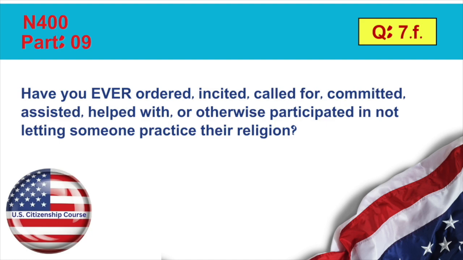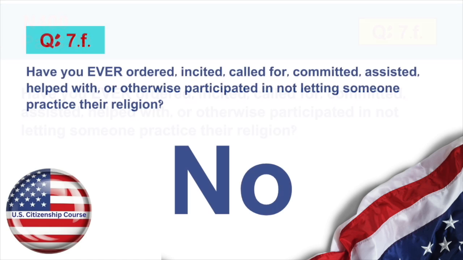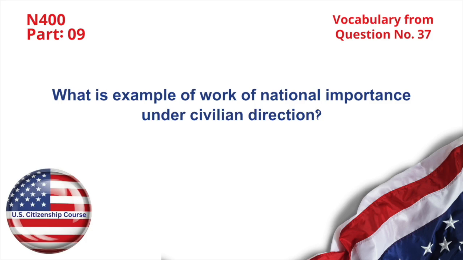Have you ever ordered, incited, called for, committed, assisted, helped with, or otherwise participated in not letting someone practice their religion? No. What is example of work of national importance under civilian direction?